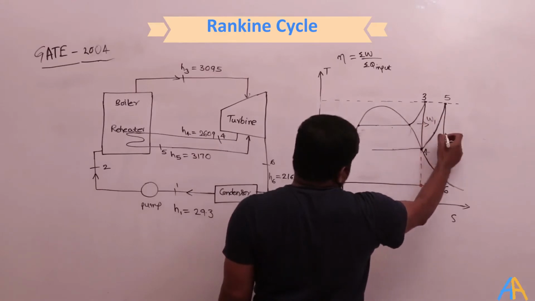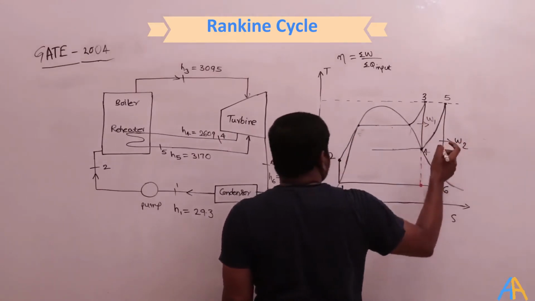This is W1, and this is W2. How many Q's are there?